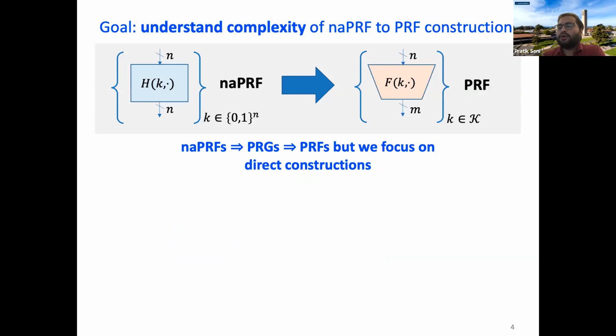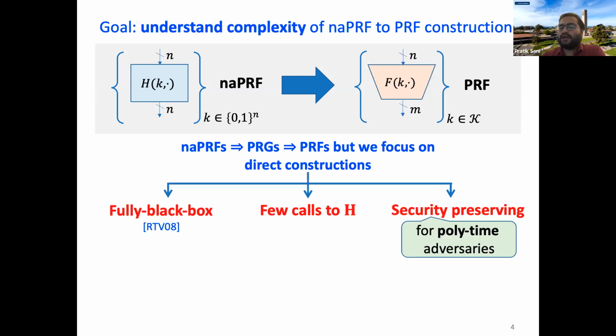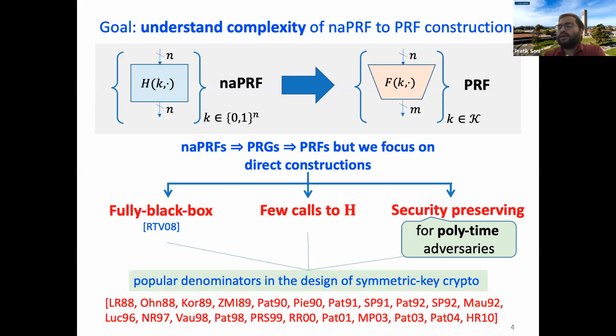But here, our focus will be on direct constructions with the goal of understanding the complexity of such constructions. Specifically, we want our constructions to make as few calls to the non-adaptive PRF as possible, be fully black box, and be security preserving with respect to all polynomial time adversaries. These three are well-studied targets in the design of symmetric key crypto.